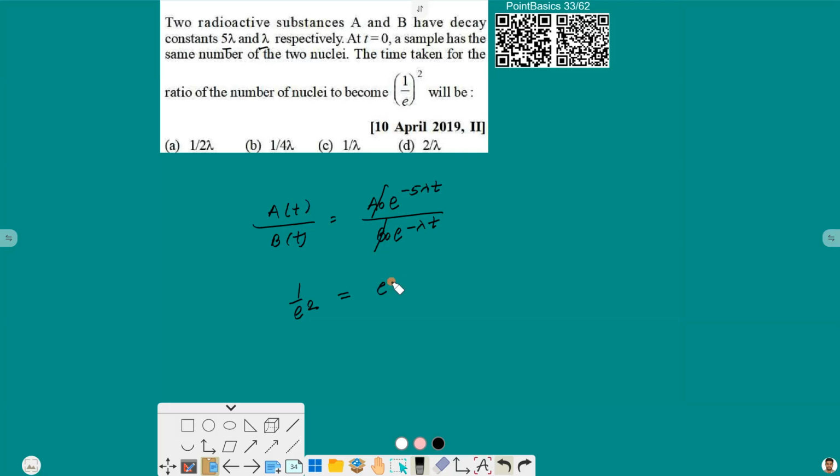So this will be e raised to power minus 4 lambda t. Now if I take ln, I will get ln 1 minus twice of ln e is equal to minus 4 lambda t. So minus 2 is equal to minus 4 lambda t, and from this time is 1 by 2 lambda. That is option A.